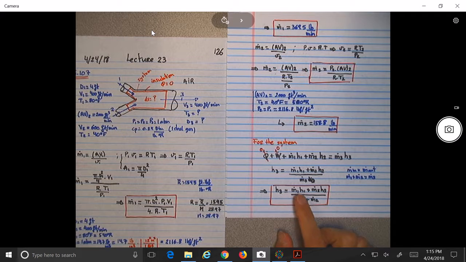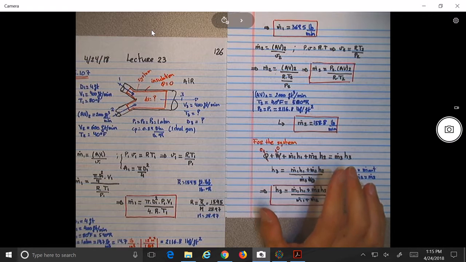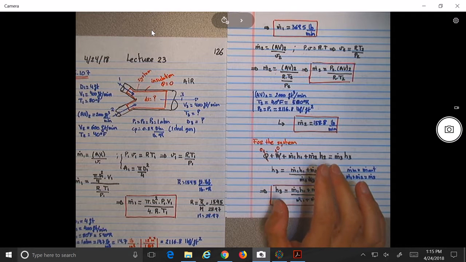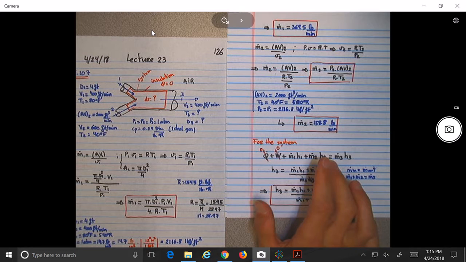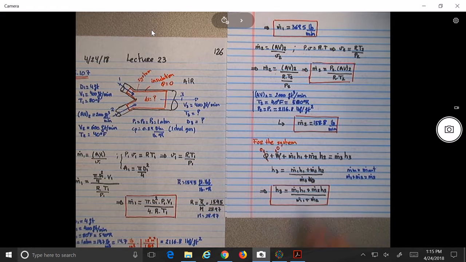They say that since we are dealing with air, which is an ideal gas, it doesn't change state. So the enthalpy is basically equal to CP T. We could replace the H by the CPT, so they get everything in function of the temperatures, and they solve for T3.